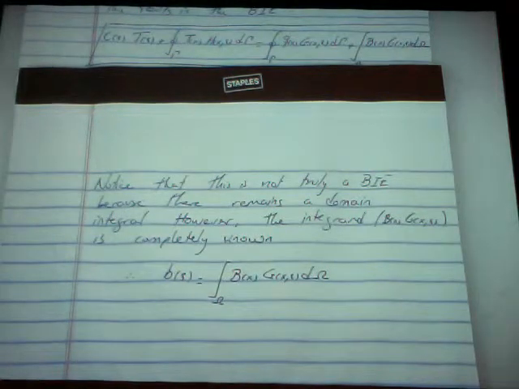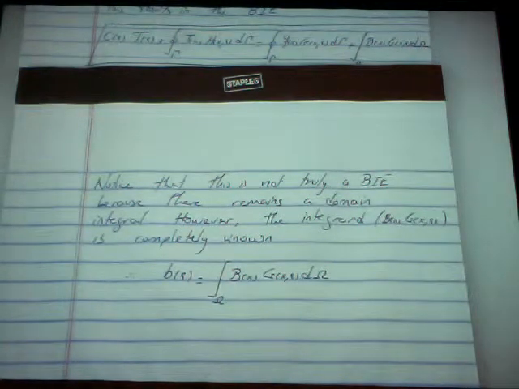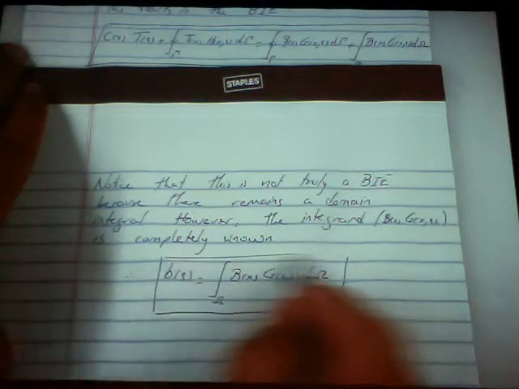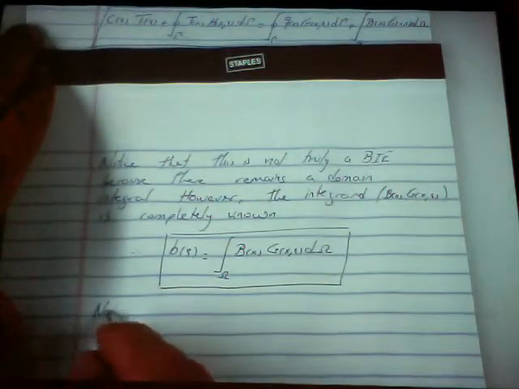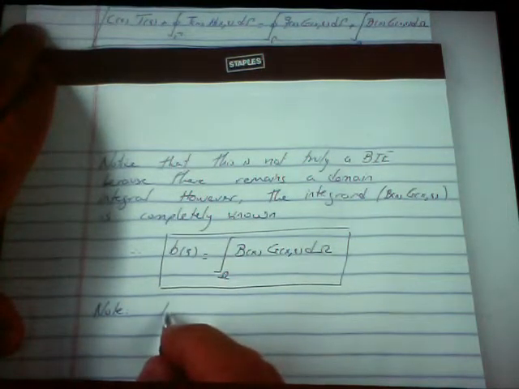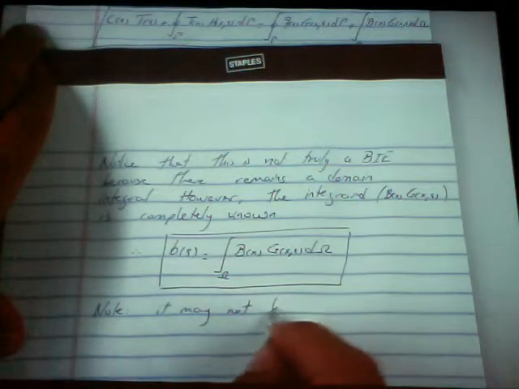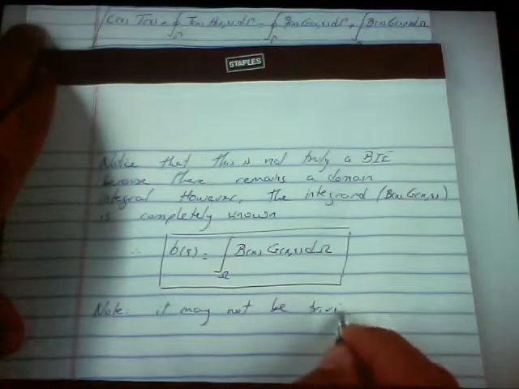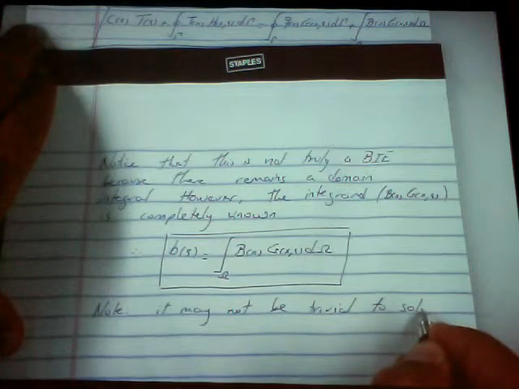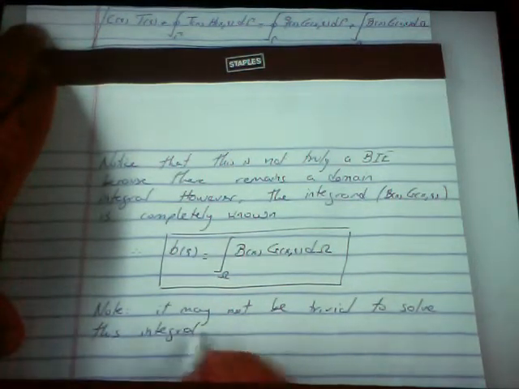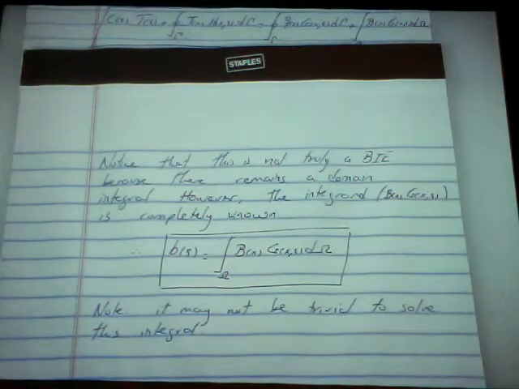Right? Now the problem is how to solve it. And I'm going to table this for a little bit. I'm just going to frame this, and I'm going to say, note, it may not be trivial to solve this integral. But table it for now. Keep in mind that we have to find a way of solving that integral.